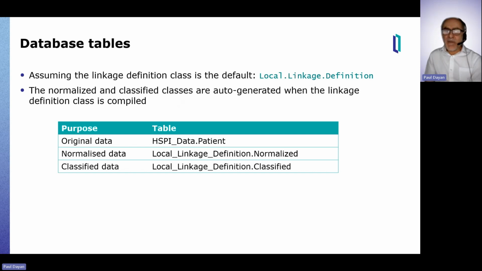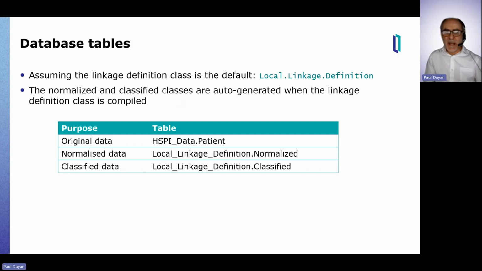Also, when the linkage definition class is compiled, the compilation automatically creates and compiles two other classes, the normalized table and the classified table. The normalized table contains the patient identity linkage parameters after normalization. It is this table that is used for matching.